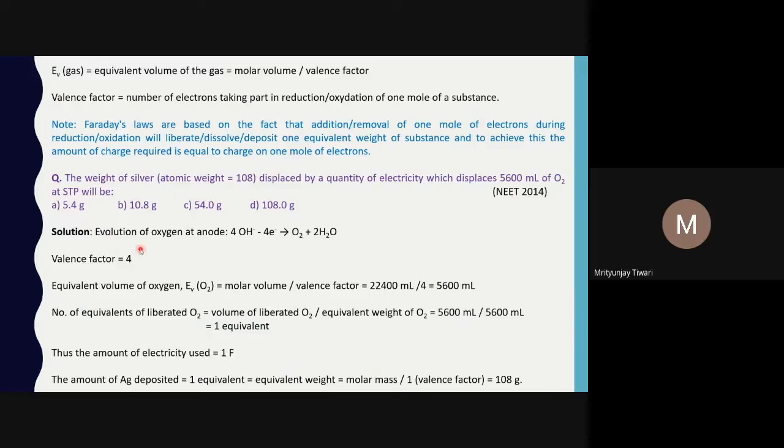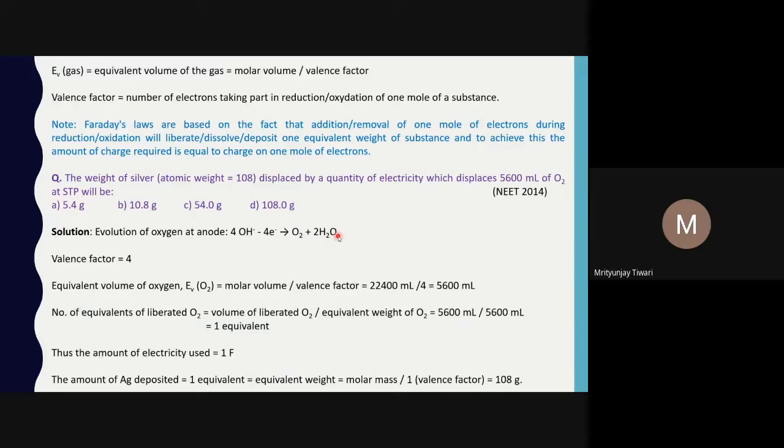Let us see how one can see this. In the evolution of oxygen at the anode, the oxygen comes from hydroxide ions. The hydroxyl ions go to the anode, because anions are attracted towards the anode, which has positive polarity. These are the OH- ions of the water, because of the ionization of water. They go to the anode and release 4 electrons to give O2, and 2 water molecules will also be liberated.